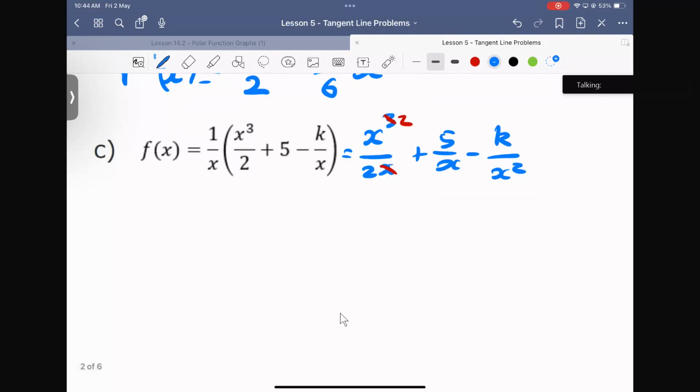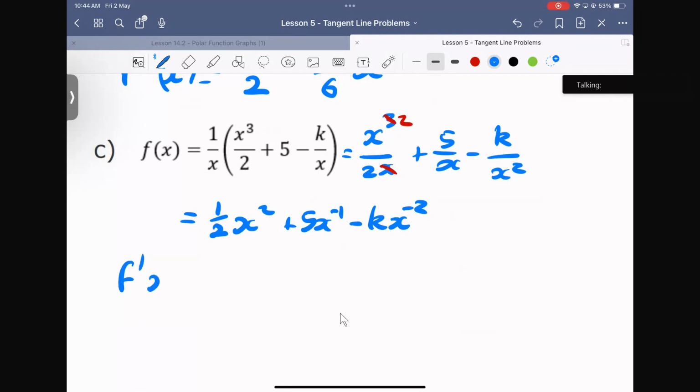We might want to rewrite this one in exponent form. So we've got a half x to the 2, plus 5x to the minus 1 minus kx to the negative 2.